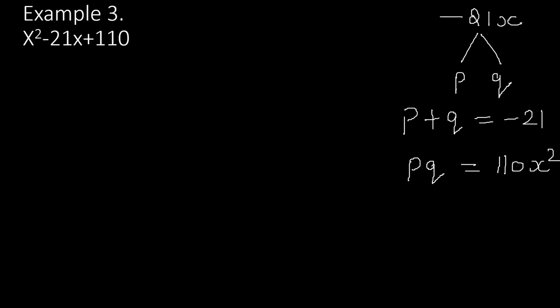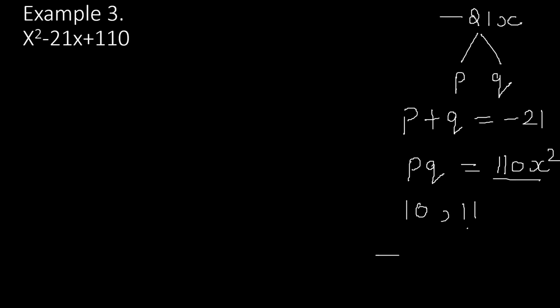Think about the factors of 110 which you will add to get minus 21. You can think about 10 and 11. If you multiply them, you will get 110. But if you add them, you will get 21. But here I want minus 21.